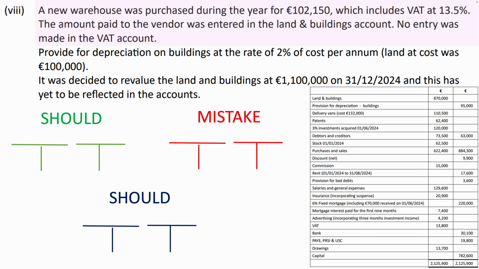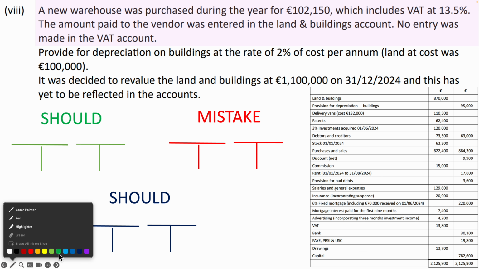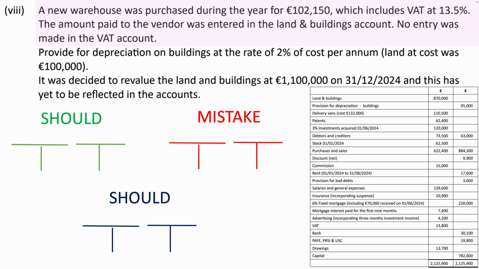So we are going to break it down bit by bit because we have to. There's just too much there for us to try and navigate all at once. Let's just break it down, sentence by sentence, chunk by chunk, and then we'll move on. So the first part: the new warehouse was purchased during the year for 102,150, which includes VAT at 13.5%.